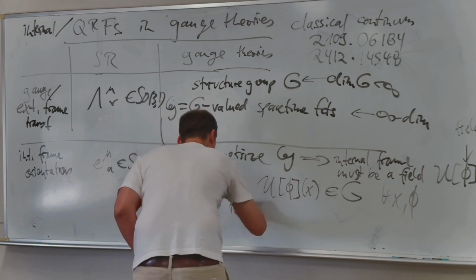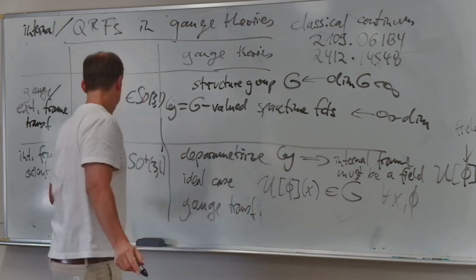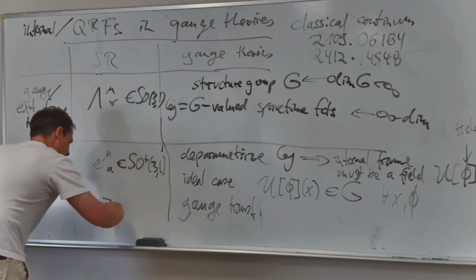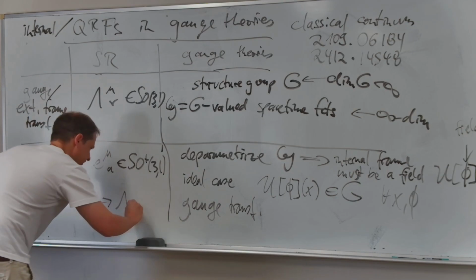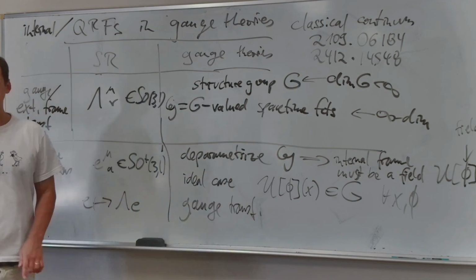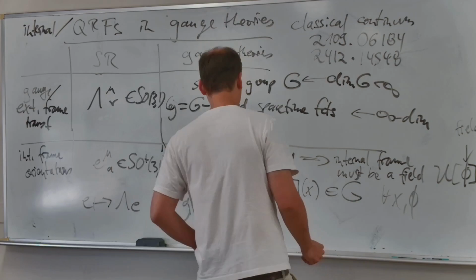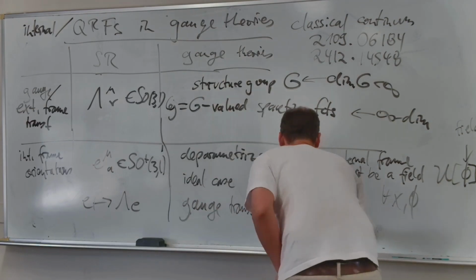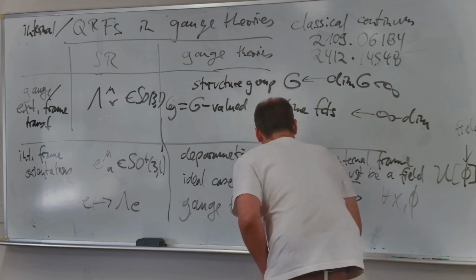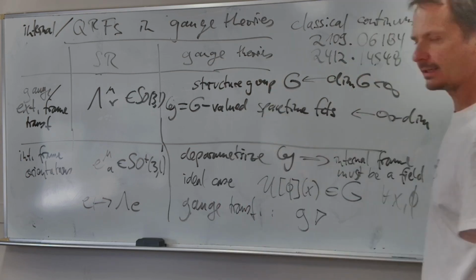Gauge transformations. Here we simply had that E goes to lambda E. So the group acts on itself, and so we're going to do the same thing here. So what we want is that, okay, I'm going to define it locally at the moment.